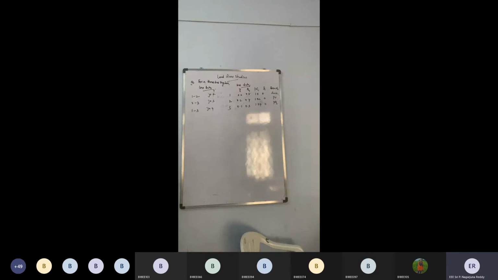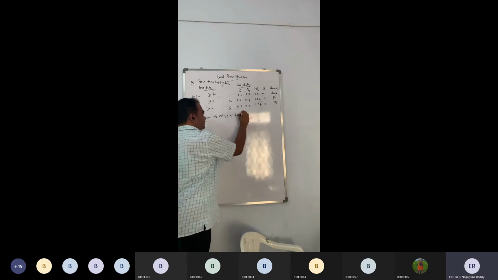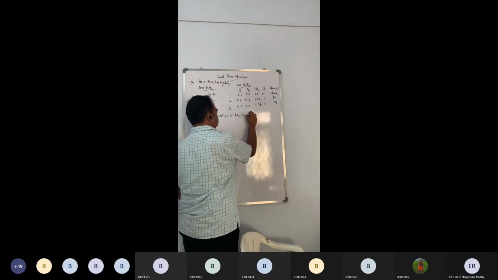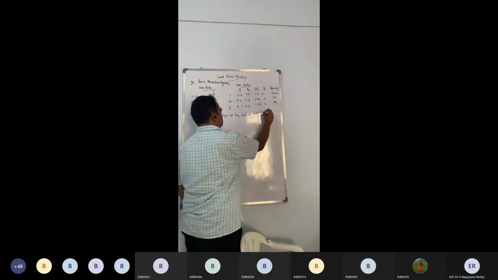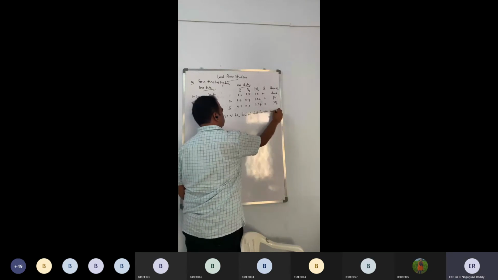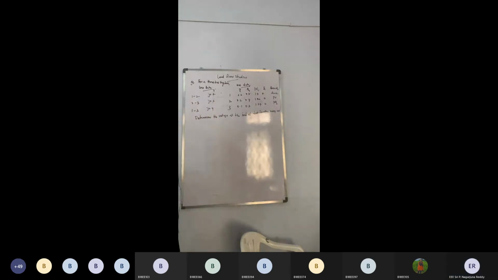This is the data given first. They have asked us to determine the voltage at the end of first iteration using the GS method, Gauss-Seidel method.